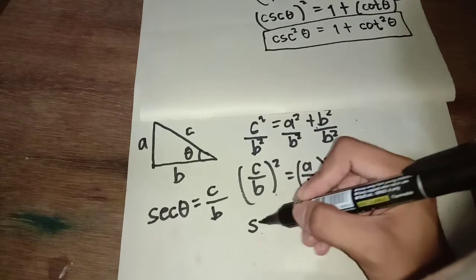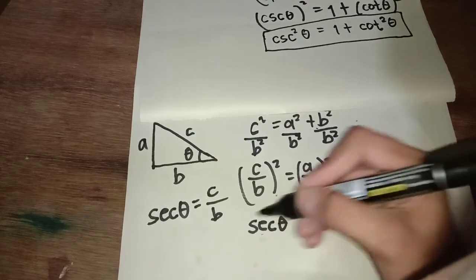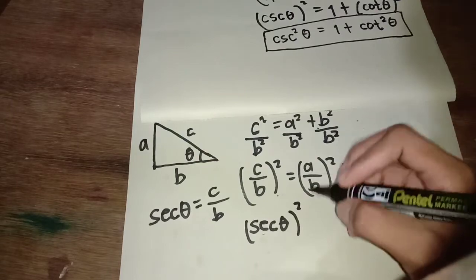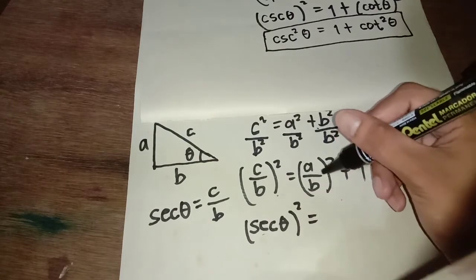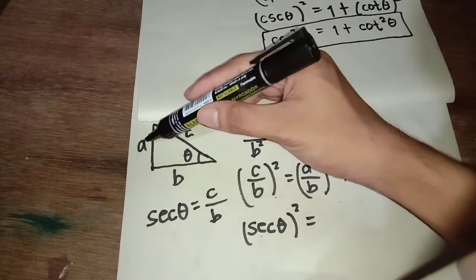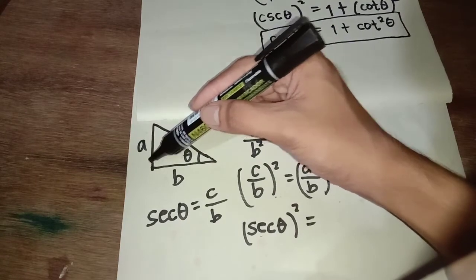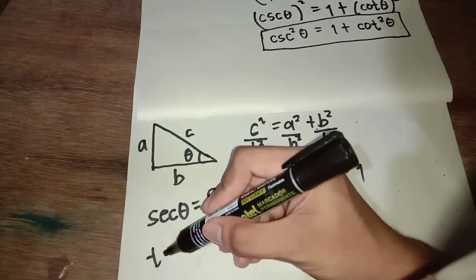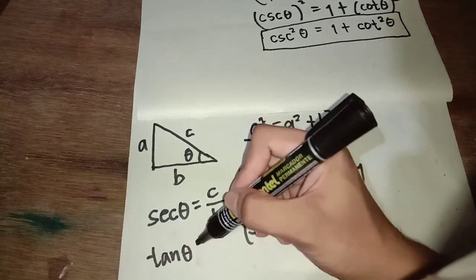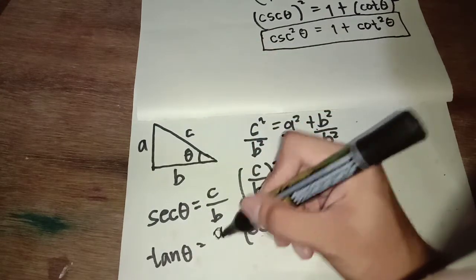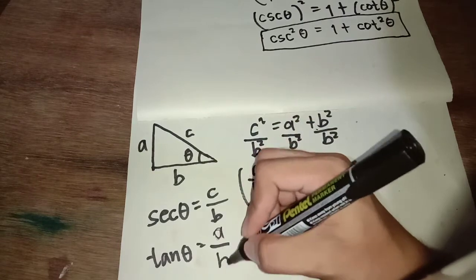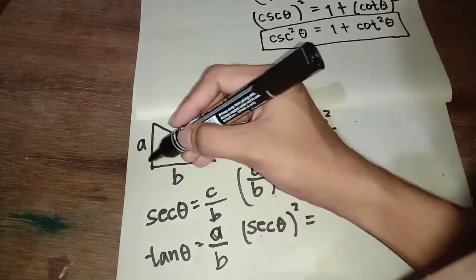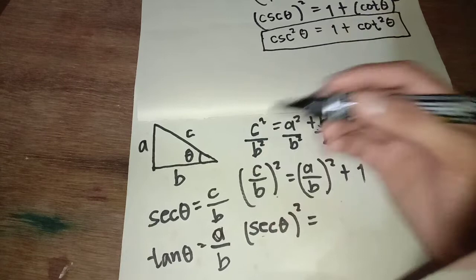This is secant theta squared is equal to, so ito naman, a over b, that is opposite side over adjacent side, so that is tangent theta, opposite side over adjacent side, a over b.